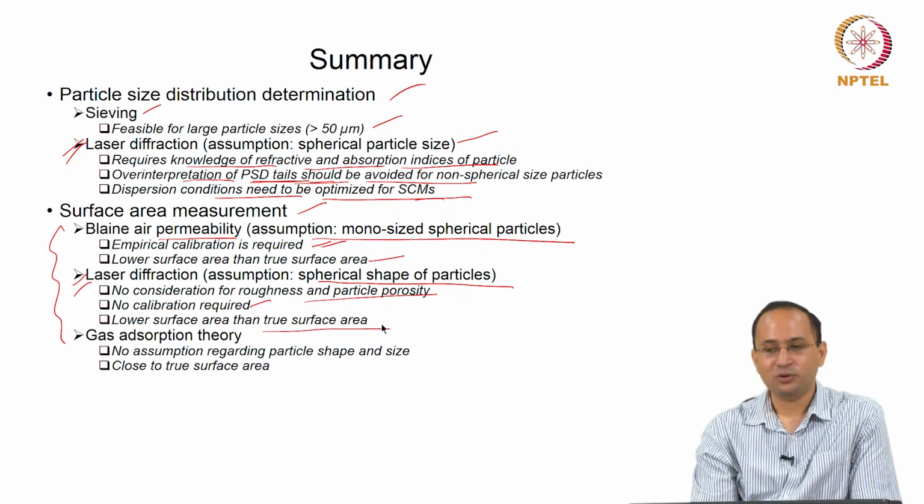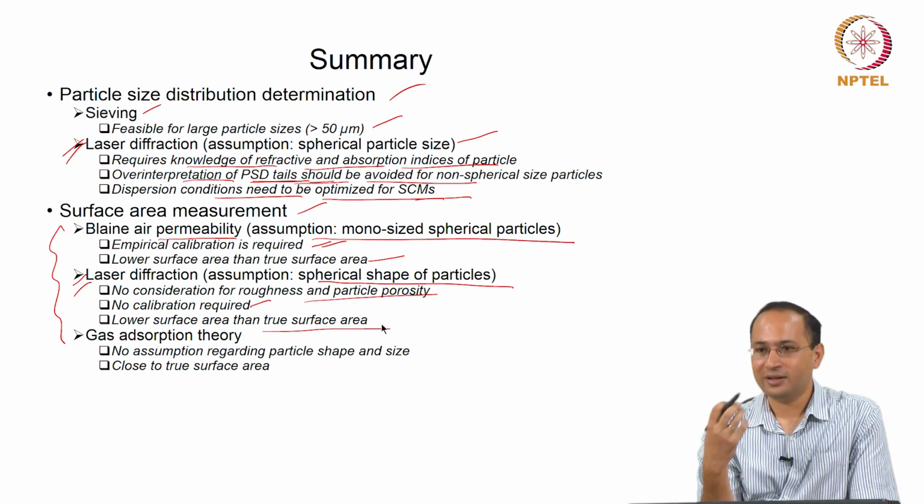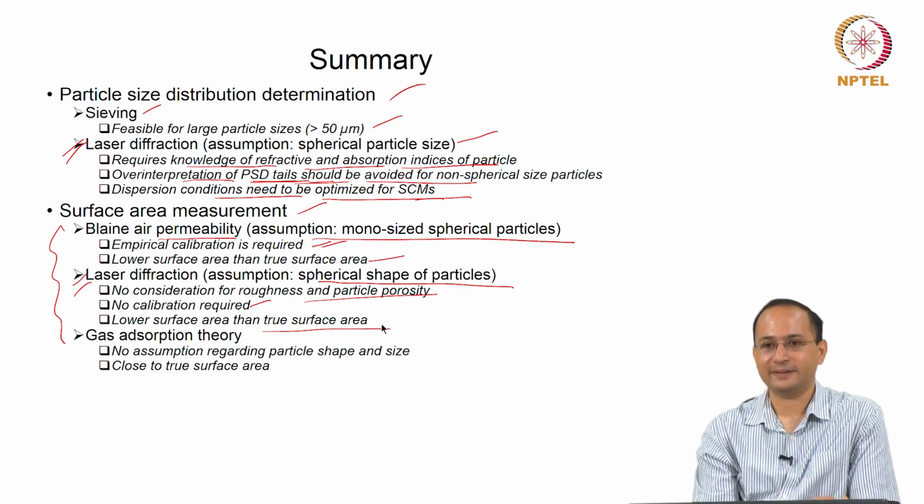And again the values are lower than the true surface area. It has its limitation, you are measuring volume, but it does not know about the roughness of particles or porosity of particles, that is not taken into account.